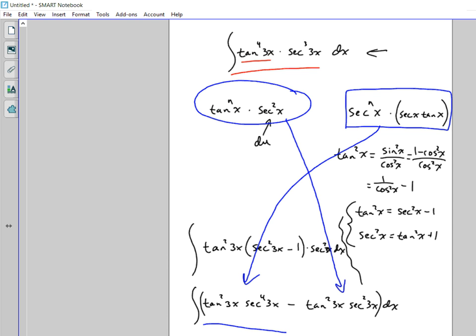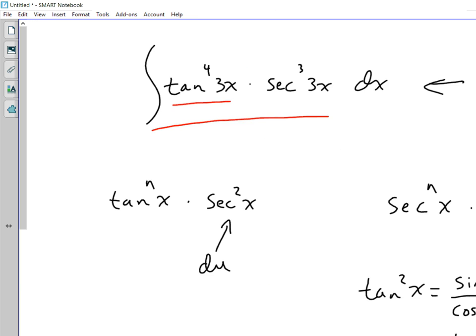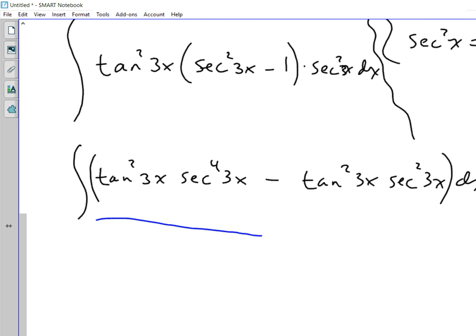Well, is it already in that form? No. What do we have to do to it first to play with it? Well, break up the secant. Okay. See what we can do.